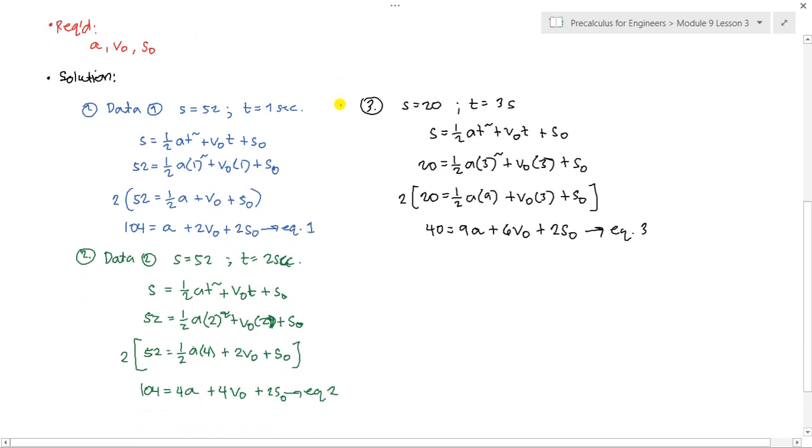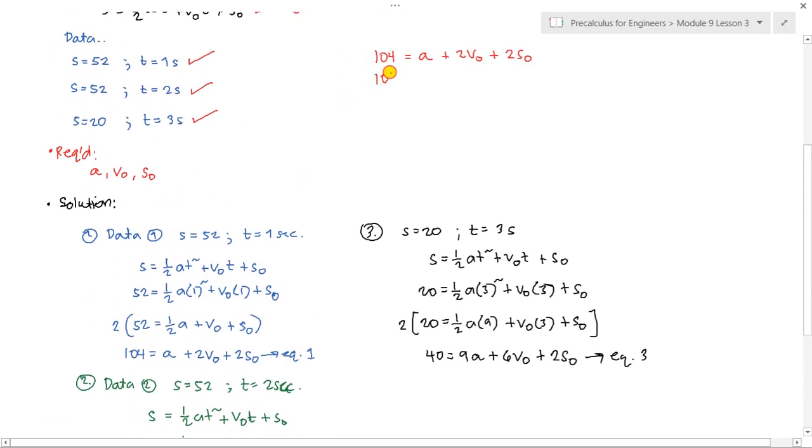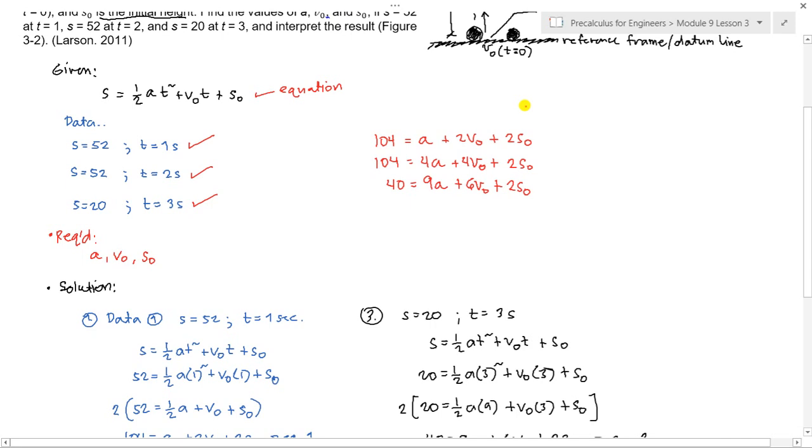Then ikaduha is we have 104 is equals to 4a plus 4v naught plus 2s naught. And then ang c is 40 is equals to 9a plus 6v naught plus 2s naught. Okay, so mani ato ang equations: 3 equations and 3 unknowns. So nasunod ra?